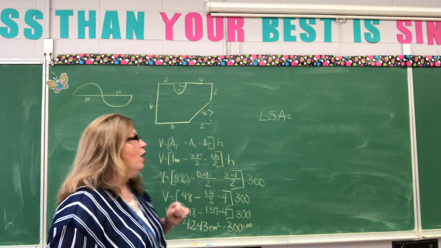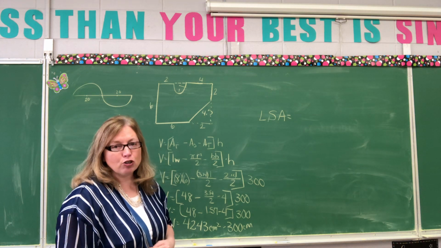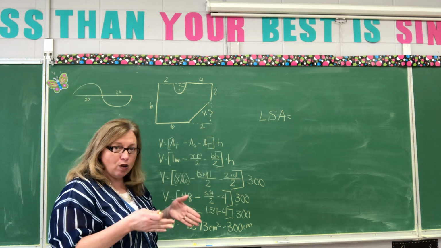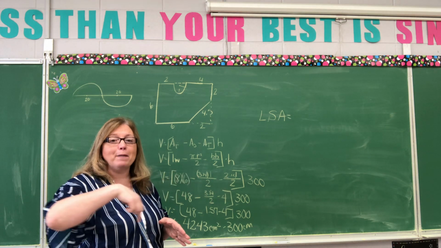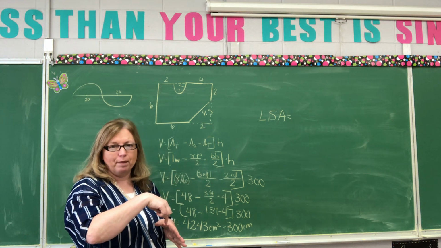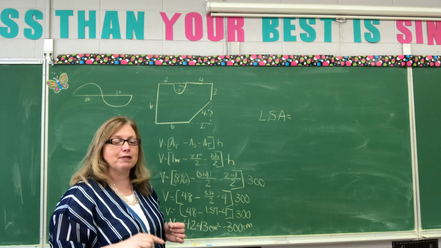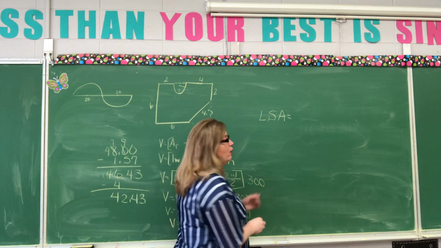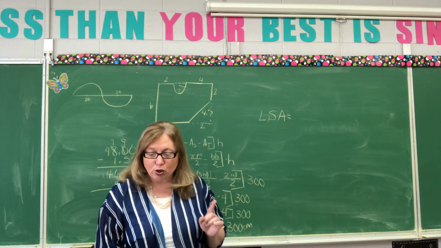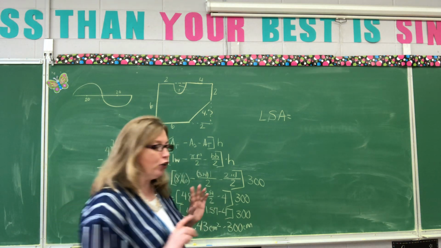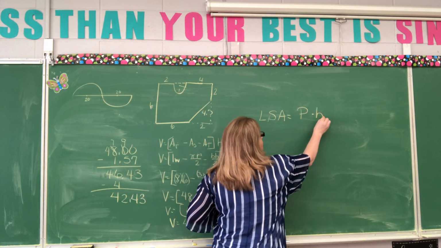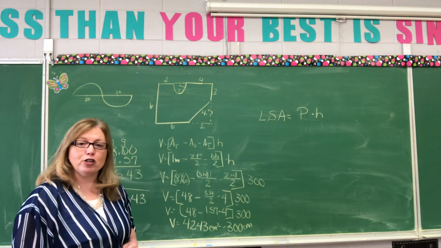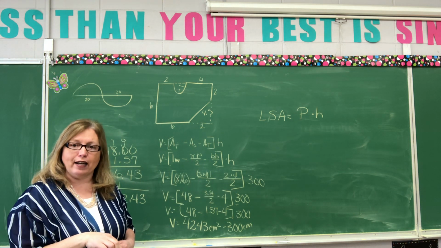So in order to find the lateral or the up and down surface area, what I have to do is find the perimeter of the shape, then multiply it times the height. So in order to find lateral surface area, again, all you're going to do is say, what is the perimeter times the height? Well, the perimeter is simply the addition of all the sides, right?